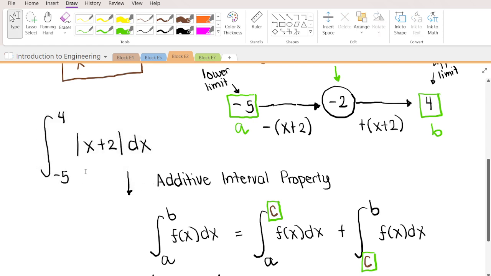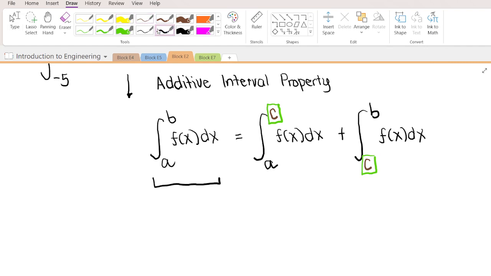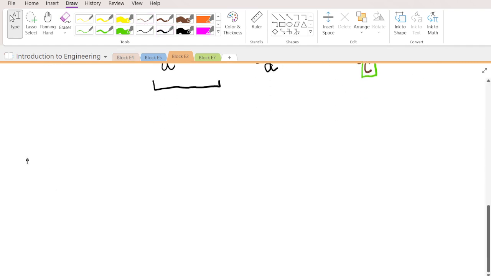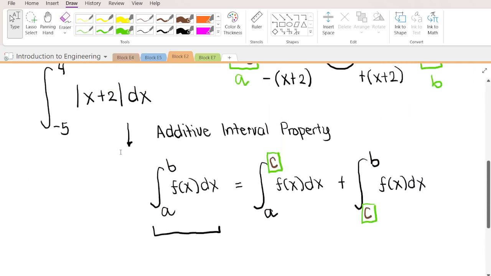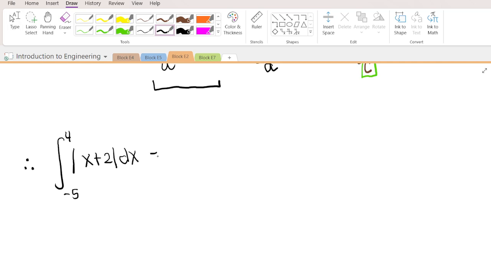So to continue, the integral of the absolute value of x plus 2 with respect to x from negative 5 to positive 4. What we're going to do here, class, is split it into two integrals.